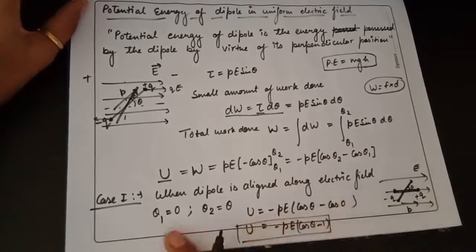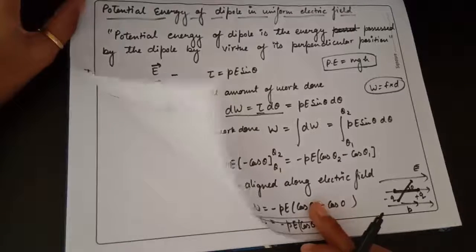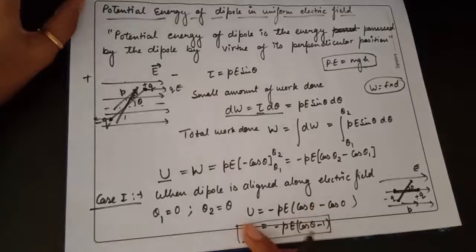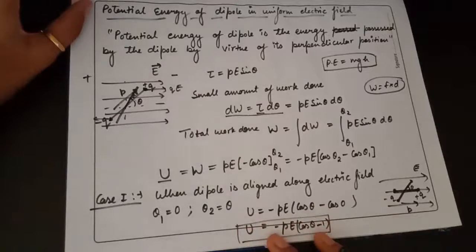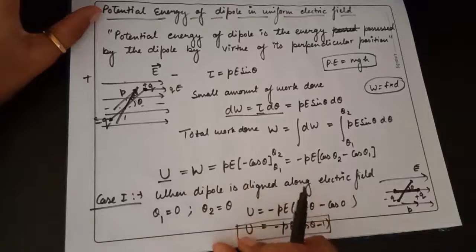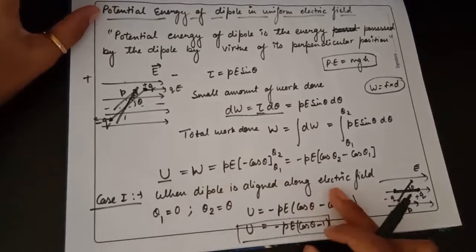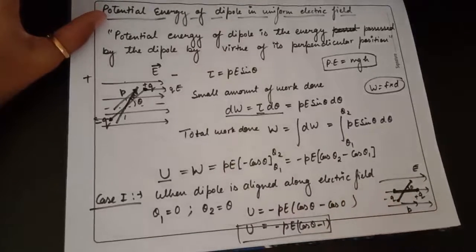Cos 0 in place of theta 1, and in place of theta 2 I have written only theta here. So U equals minus pE times cos theta minus 1. This is your potential energy when the dipole is aligned along the electric field.